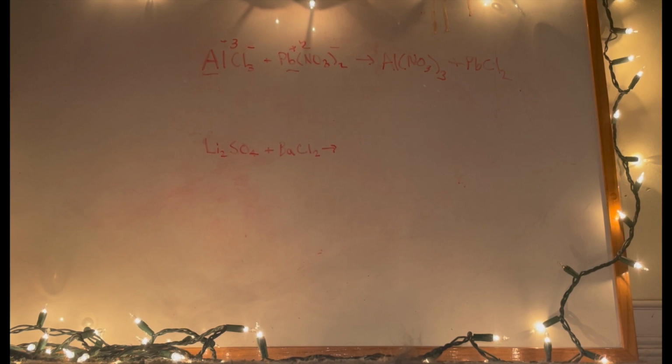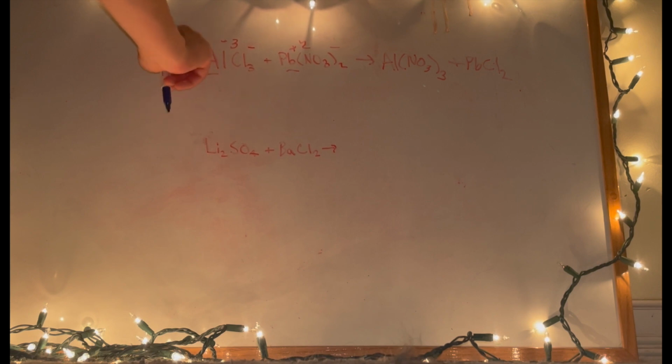So to do that, we know there's one aluminum and one aluminum, and we know that there are 3 chloride and 2 chloride, and there are 2 nitrate and 3 nitrate. So how are we going to balance this? Well, we're going to start on this side by changing this to 3 and this, no, wrong way.